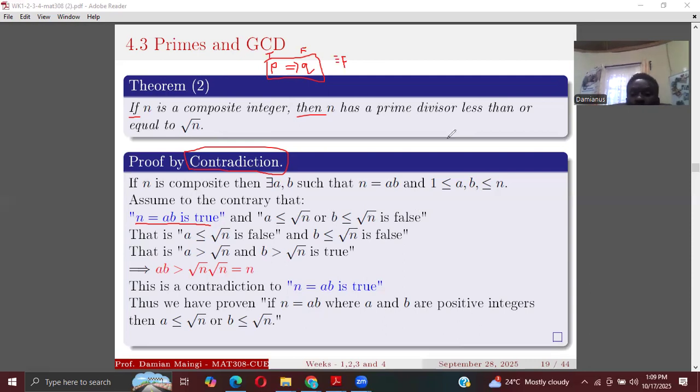And then you assume that this part is false. Now, this part false means what? That it does not have a prime less than or equal to this. That means a is less or equal to the square root of n, or b is less or equal to the square root of n is not true, it's false. You see what I'm talking about? True, false, the first part. So, this is false.